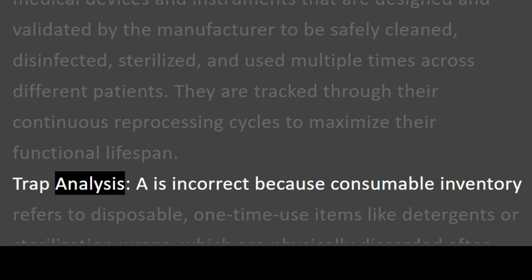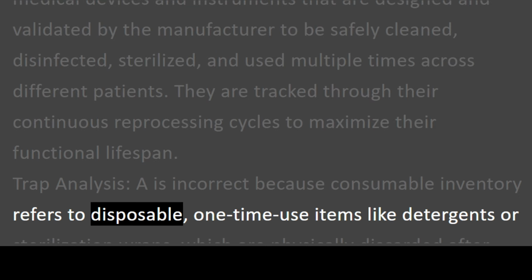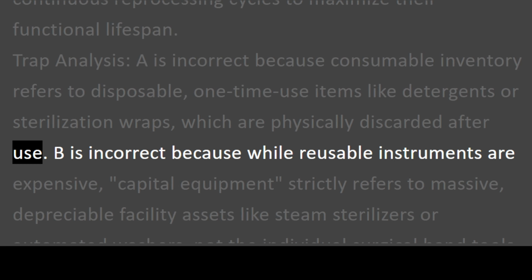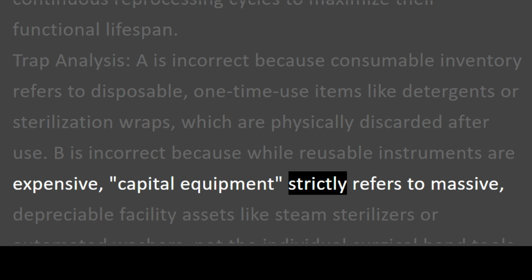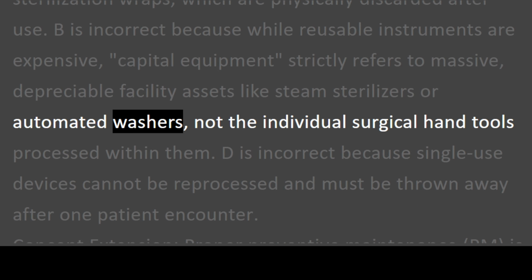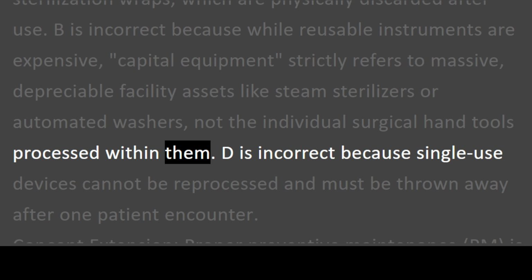Trap analysis. A is incorrect because consumable inventory refers to disposable, one-time use items like detergents or sterilization wraps, which are physically discarded after use. B is incorrect because while reusable instruments are expensive, capital equipment strictly refers to massive, depreciable facility assets like steam sterilizers or automated washers, not the individual surgical hand tools processed within them.